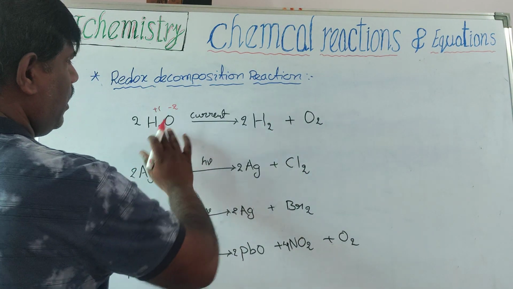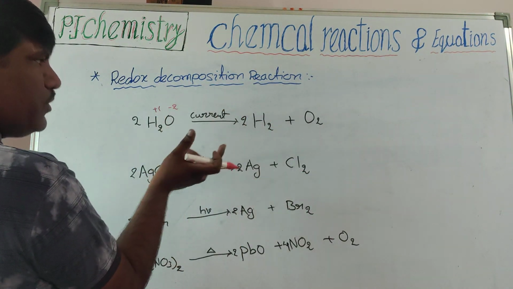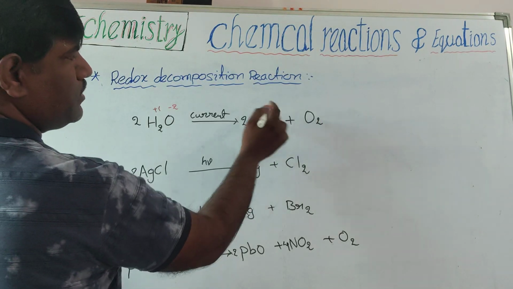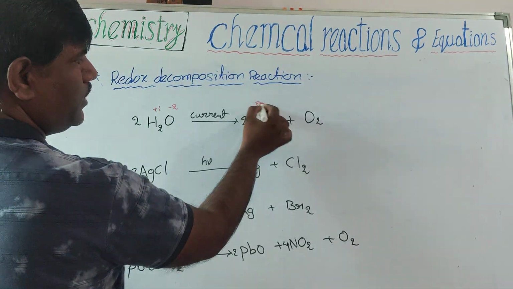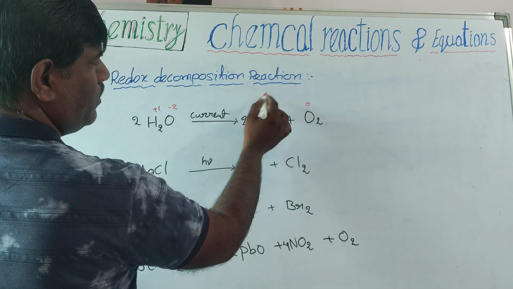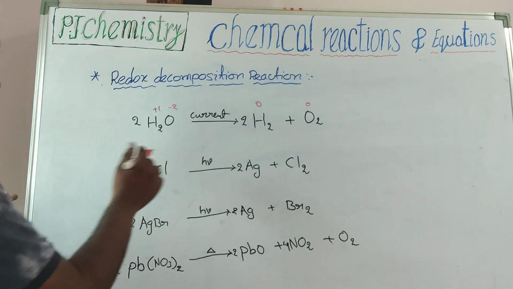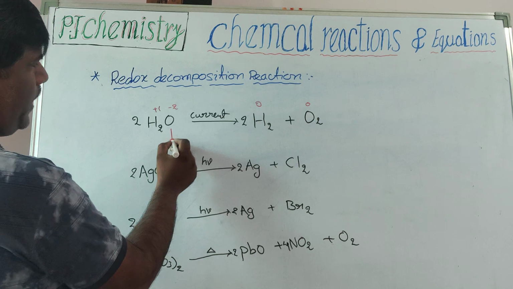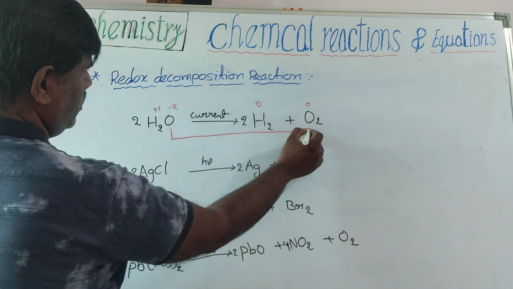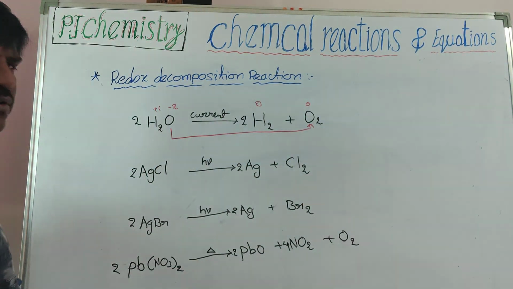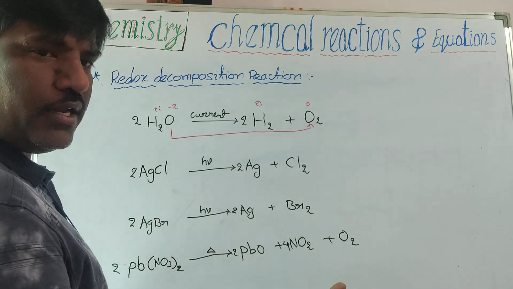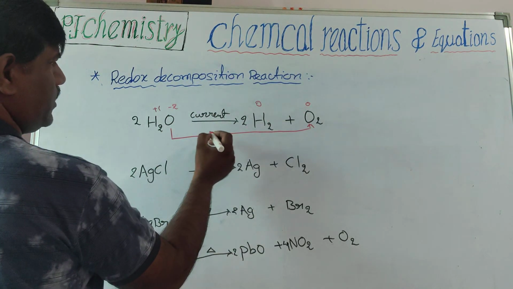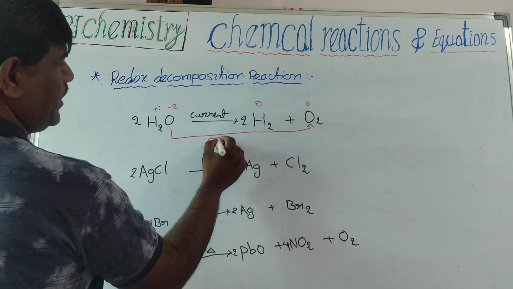Next, after decomposing, elements form hydrogen and oxygen. In elementary form the oxidation number is 0. Now the changes you observe: oxygen minus 2 to 0. Compared to a negative value, 0 is greater. So oxygen increased its oxidation number: oxidation.